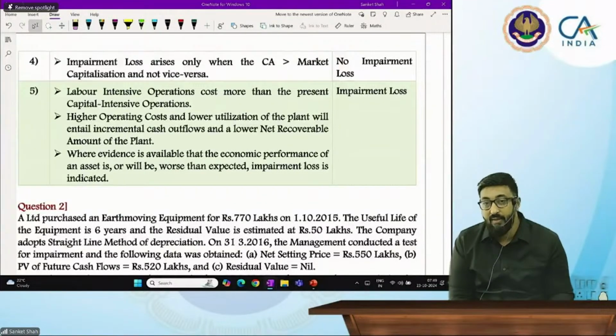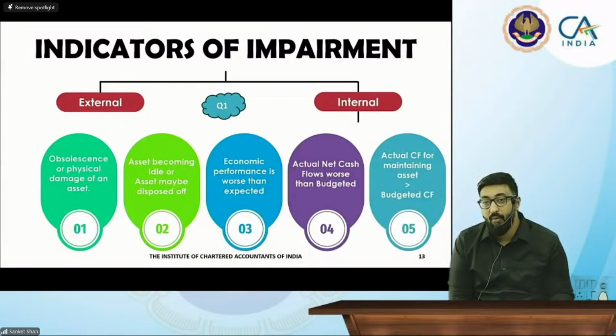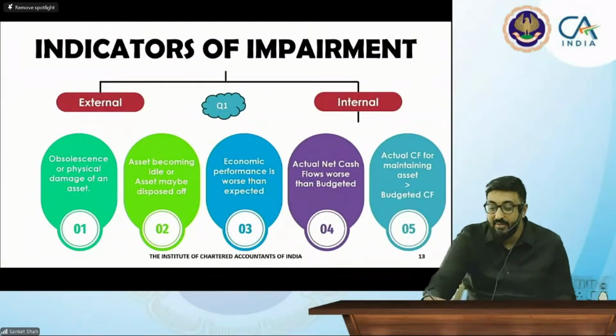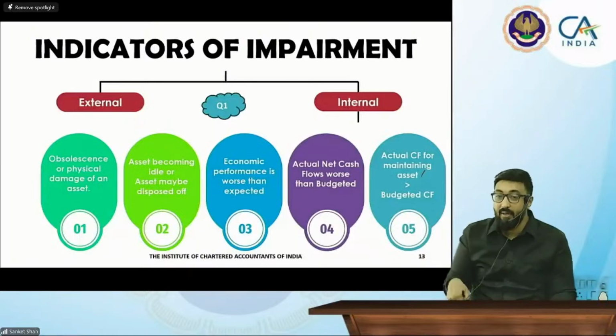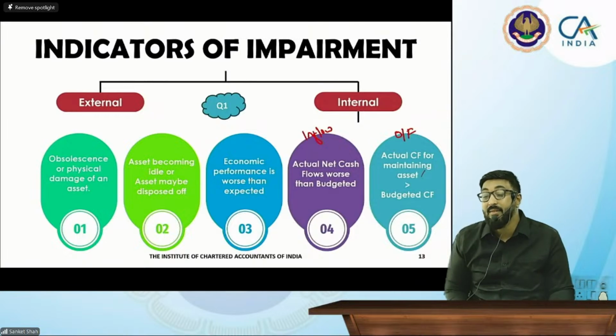We studied that. If your cash inflows are worse than budgeted and asset maintenance cost is greater than budgeted. So this is your inflow and this is your outflow. Inflows are less than budgeted and outflows are more than budgeted. Got the concept? Yes, sir.